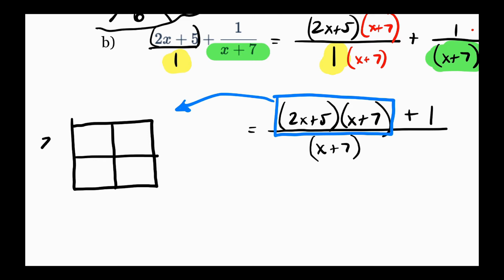So we have 2x plus 5, x plus 7. Multiply, we get 2x squared plus 14x plus 5x plus 35.